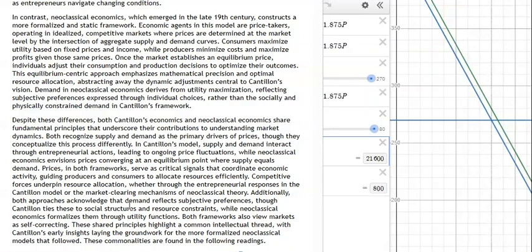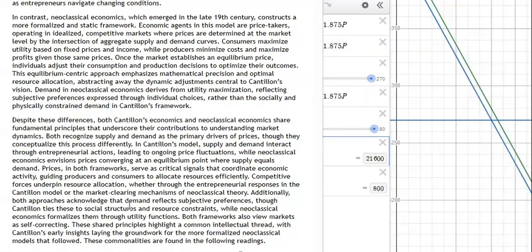Demand in neoclassical economics derives from utility maximization, reflecting subjective preferences expressed through individual choices rather than the socially and physically constrained demand in Cantillon's framework. Despite these differences, both Cantillon's economics and neoclassical economics share fundamental principles that underscore their contributions to understanding market dynamics.